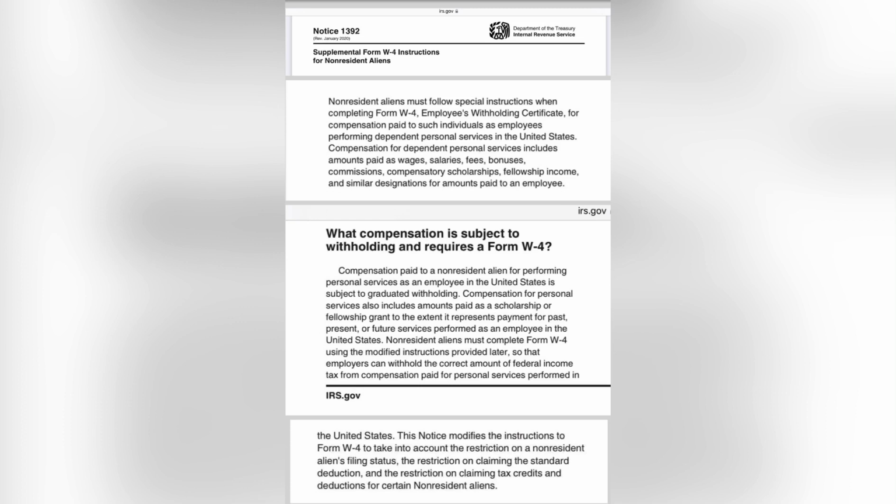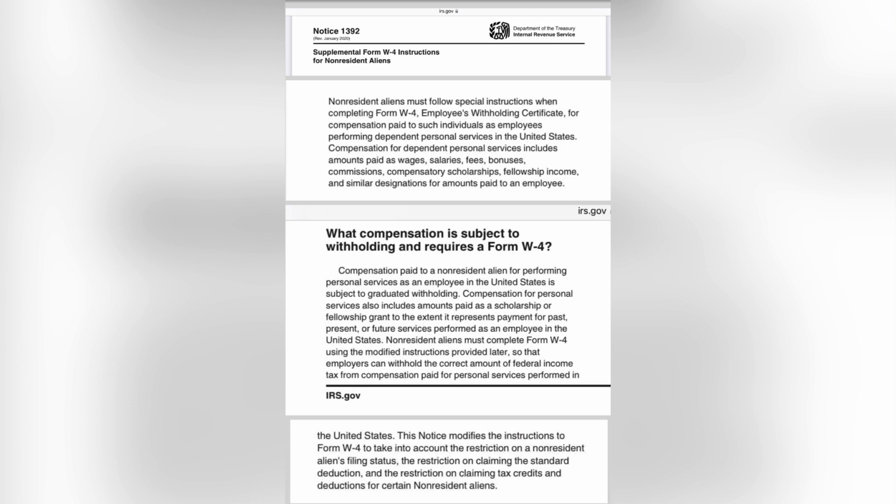And it reads, "Non-resident aliens must follow special instructions when completing Form W-4, Employee's Withholding Certificate, for compensation paid to such individuals as employees performing dependent personal services in the United States.